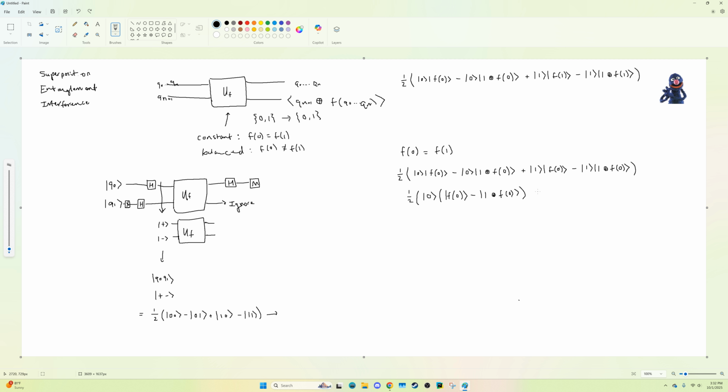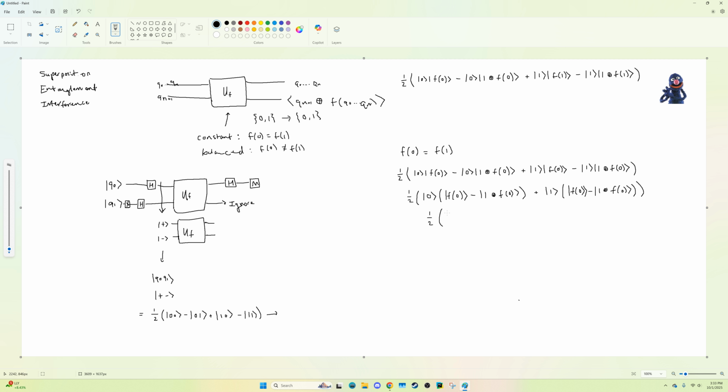And then we're going to add, does this parenthesis close the 1/2? It doesn't, right? Okay. And then we're going to take out a ket 1 times f of 0 minus 1 XOR f of 0. You should see some resemblance to the left side terms now that we already pulled out. We can pull these two terms out as a separate factor.